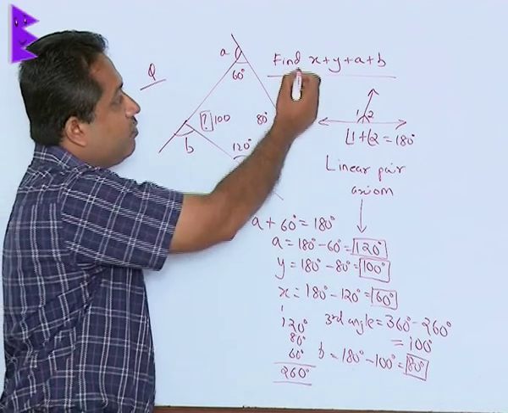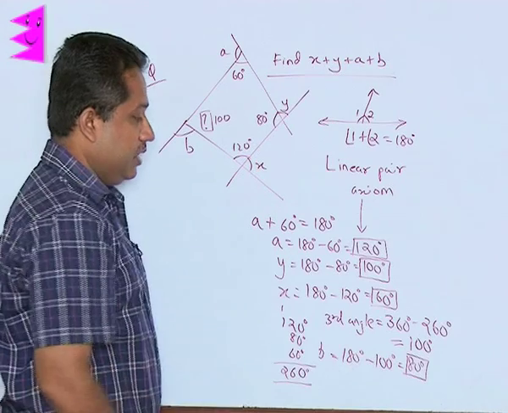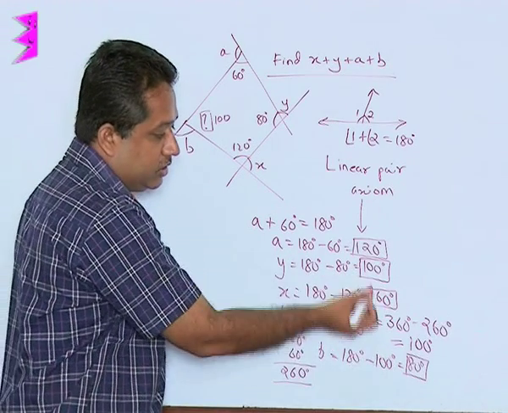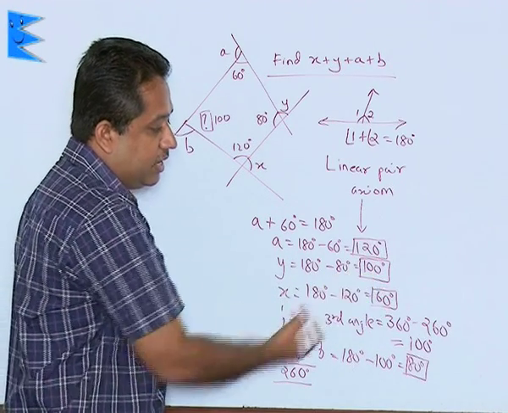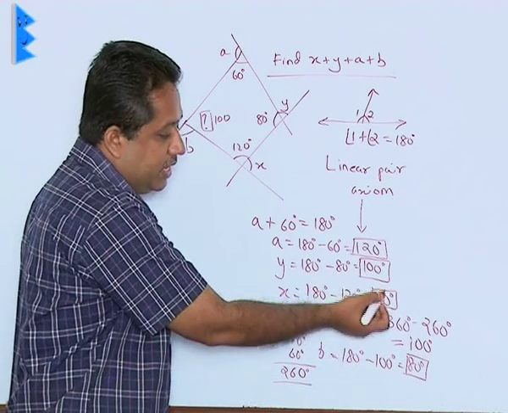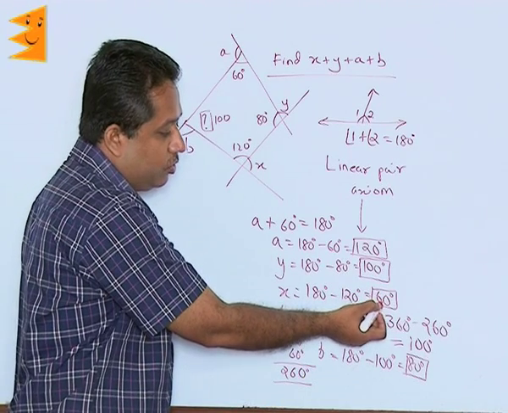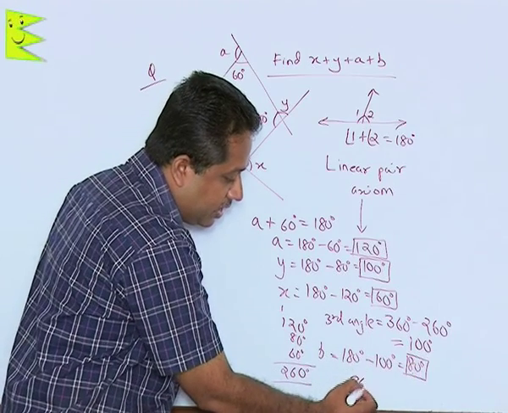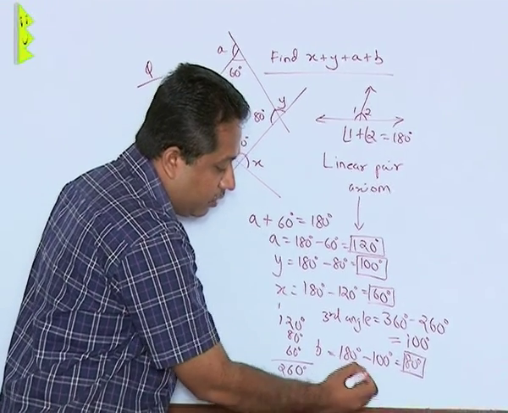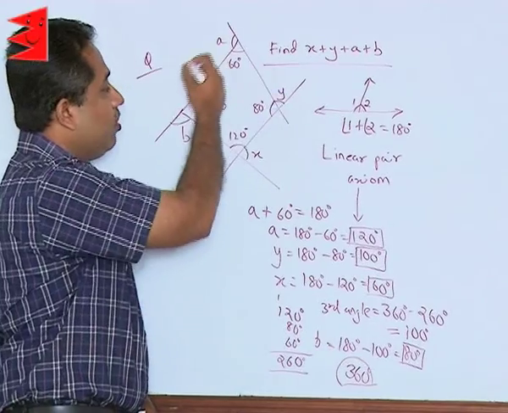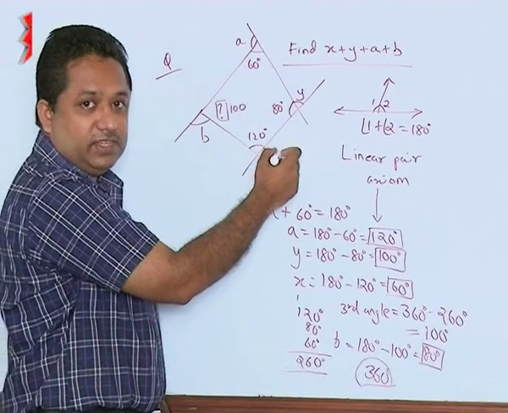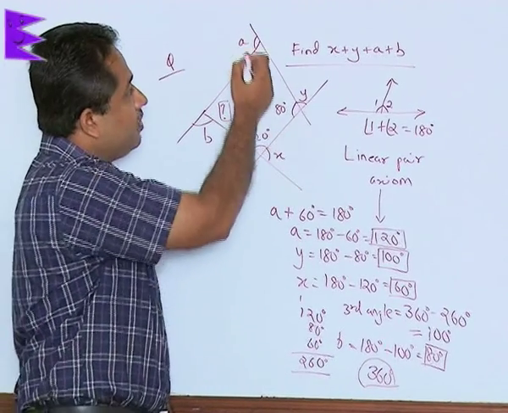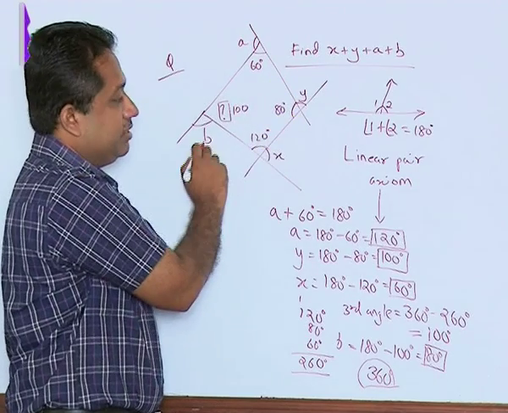Now, the question says find X plus Y plus A plus B. If we add all this, we get 120 and 100 as 220, 220 and 60 gives 280, 280 and 80, the total will be 360 degrees. Here the total of these angles is 360, and if you observe, all these are exterior angles.